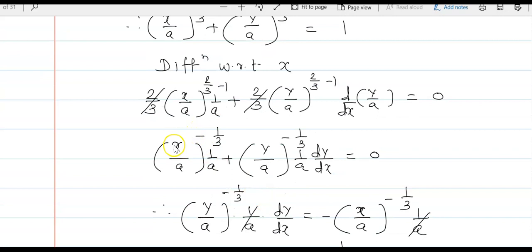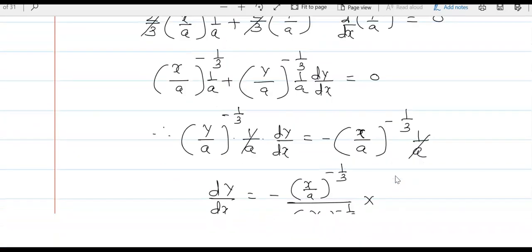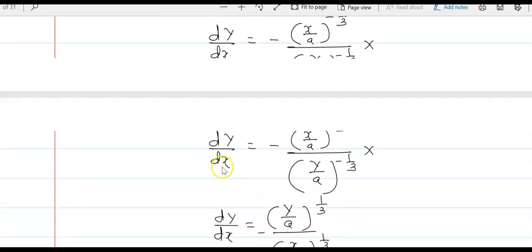That is (x upon a) raised to minus 1 upon 3 into 1 upon a plus (y upon a) raised to minus 1 upon 3 into 1 upon a into dy by dx is equals to 0. This 1 upon a and 1 upon a get cancelled on both sides, and that's why you are getting the answer, that is dy by dx is equals to minus (x upon a) raised to minus 1 upon 3 upon (y upon a) raised to minus 1 upon 3.